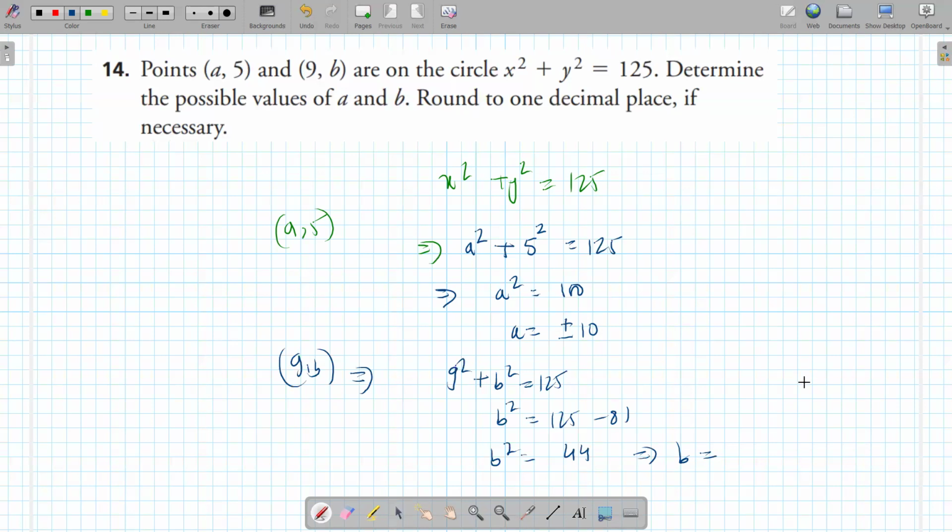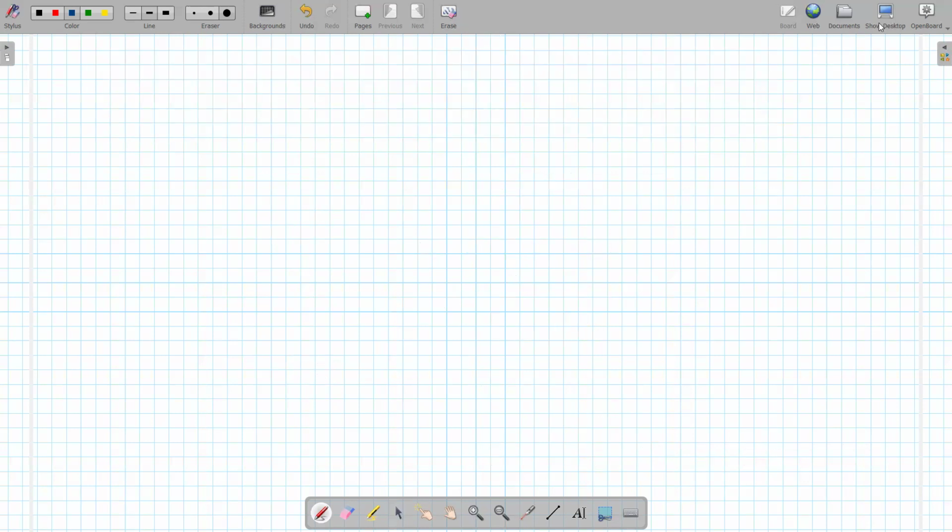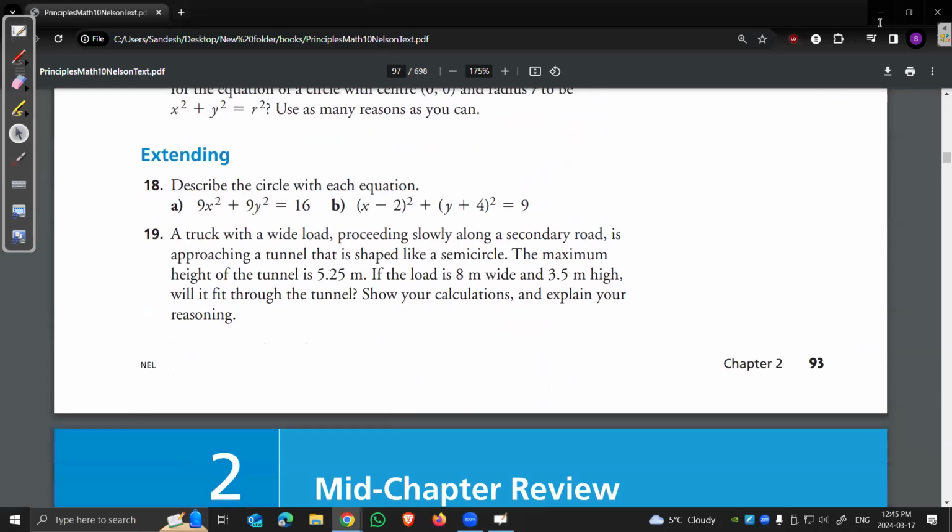It's just gonna be the square root. Plus minus though, because it can be both positive and negative. That's it. Circles, pretty straightforward.